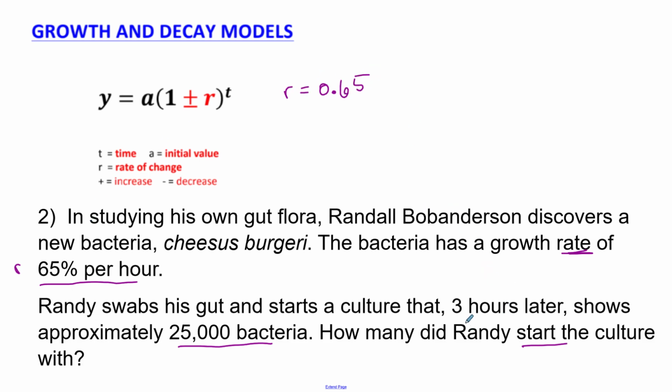Okay, and we know that 3 hours later, so y when t is 3, okay, we can think of y as a function of time, is 25,000. So in other words, we have 25,000 bacteria when t is 3. So what we're solving for is A, our initial value.